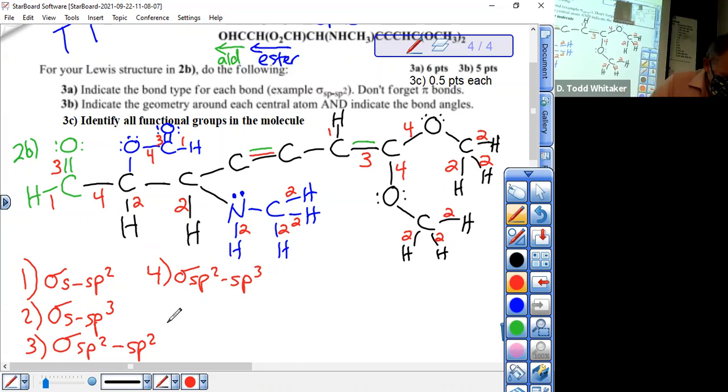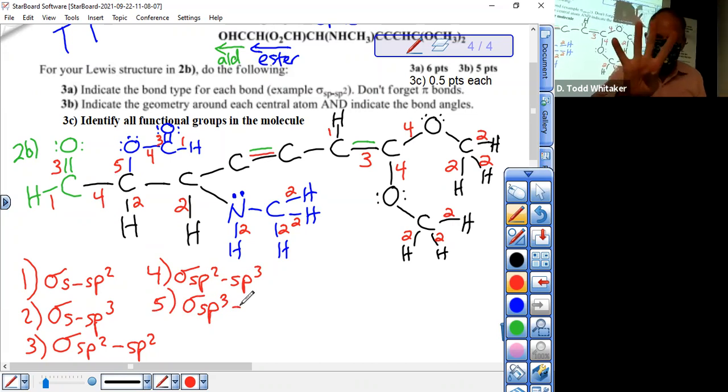I got to put 5 for the next one. We'll go up here. The carbon underneath, sp3. sp2, oh, careful. 4 sigma bonds, sp3, that's the carbon. Oxygen, 2 sigma bonds, 2 lone pairs, also sp3.